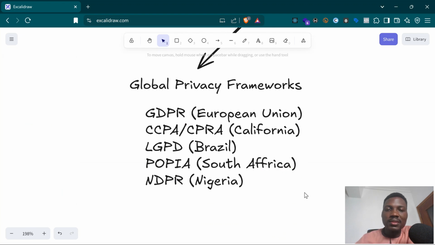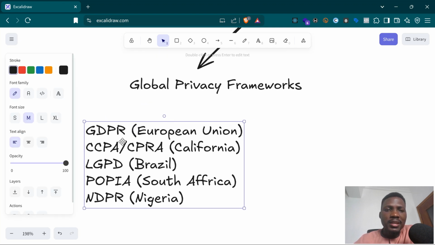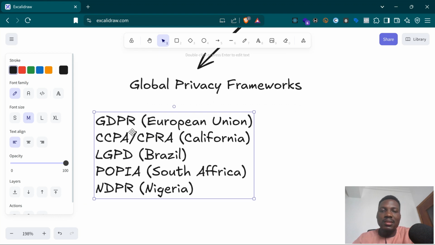Okay, so now these are some of the frameworks in the world that currently we use to set data privacy benchmarks. And this really depends on the region where your data will be consumed. But at the end of the day, having the fundamentals of how some of these things work really makes a lot of sense. And there are similarities between all of these frameworks.